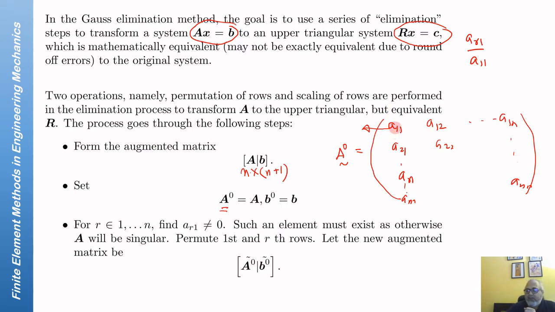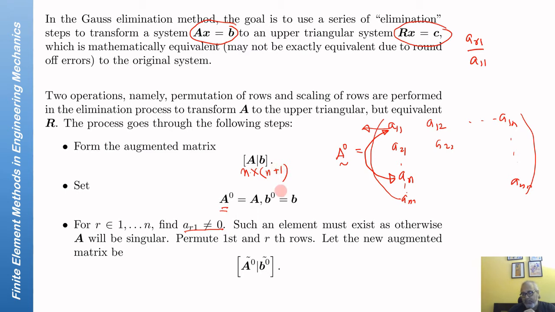So if A11 happens to be 0, I scan through this column of this matrix A0 and I find a row where AR1 is not equal to 0, and then I swap these two rows, which is called a permutation of rows 1 and R. When I do this, I get a new augmented matrix.